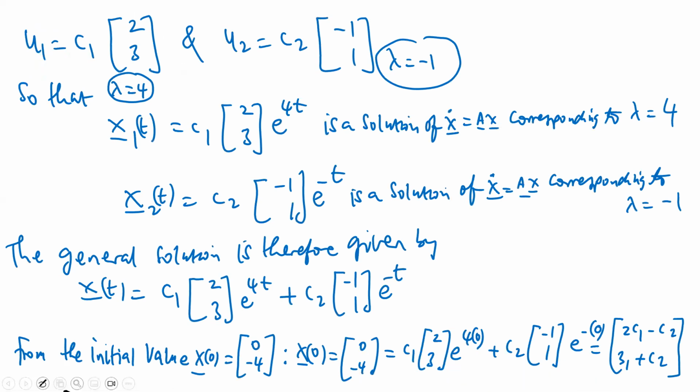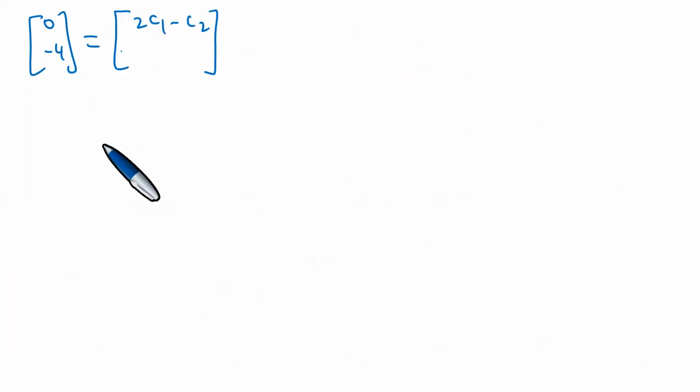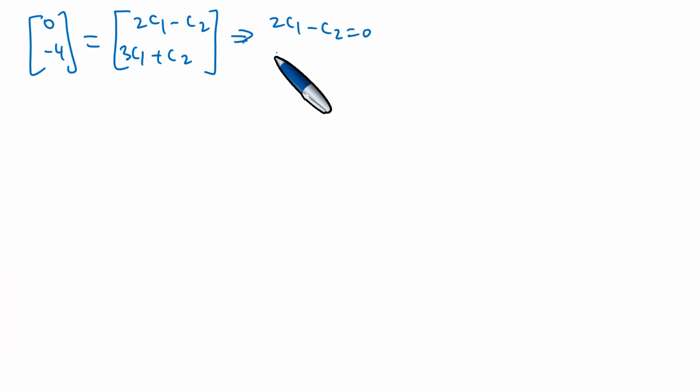Okay, here I need to write clearly. Which means 2C1 minus C2 is 0. These are like simultaneous equations. 3C1 plus C2 is minus 4.